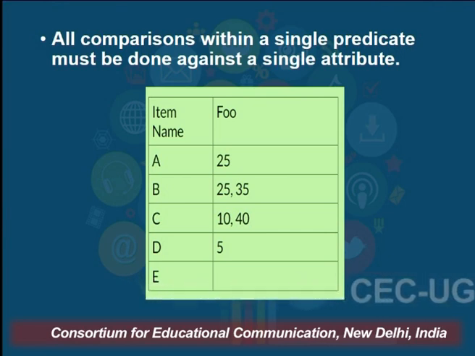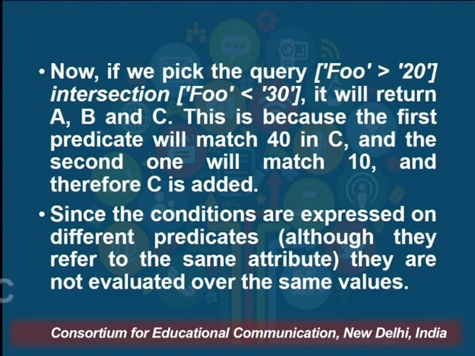So, we have A, B and C. This is because the first predicate will match 40 in C and the second one will match 10, which is also present in C, and hence C is added.